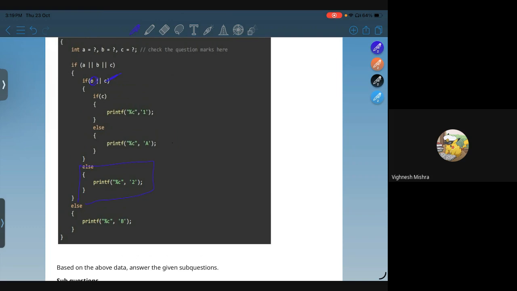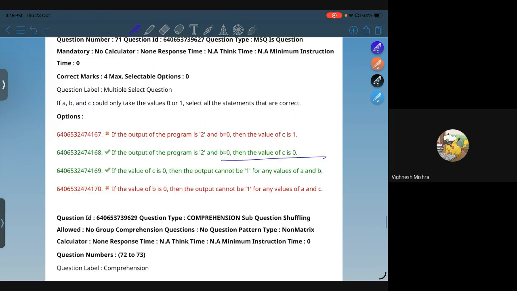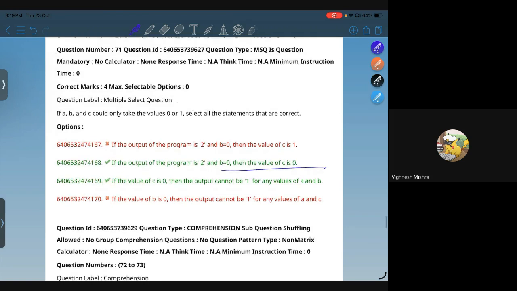So अगर C यहाँ true हो गया तो फिर वो इस if के अंदर चला जाएगा. It should be 0. Then only it will come here. C should be 0. If the value of C is 0, then the output will be 1.